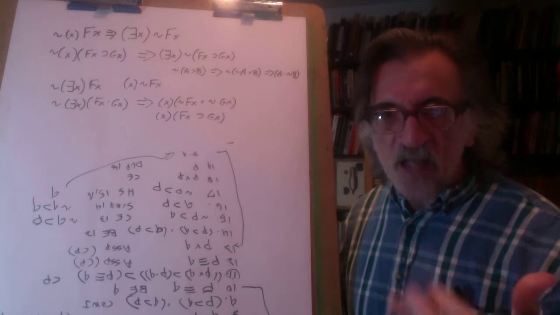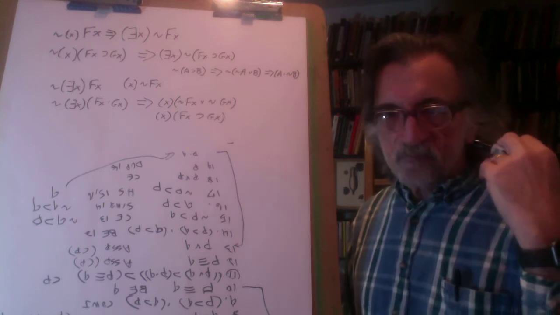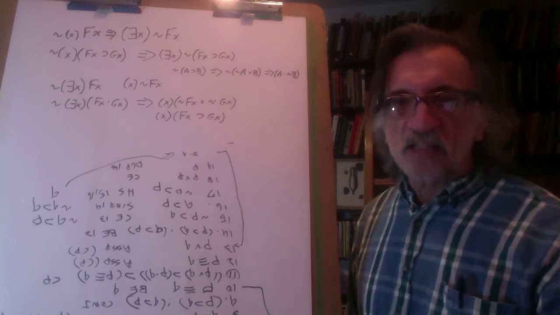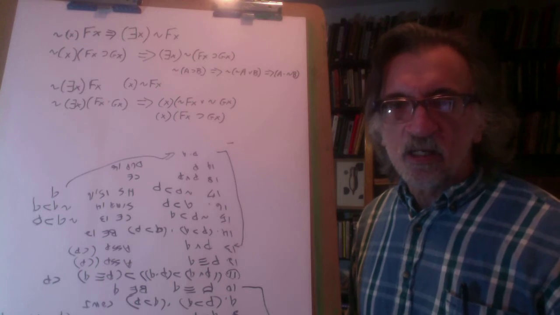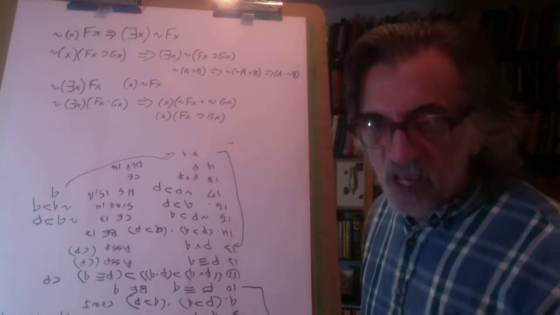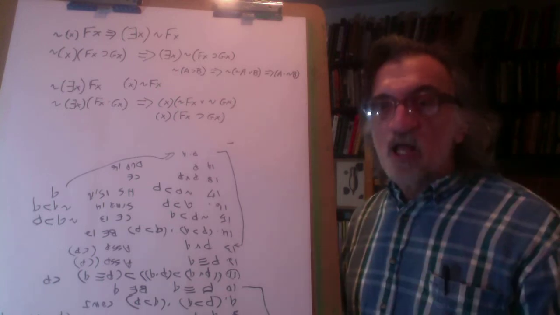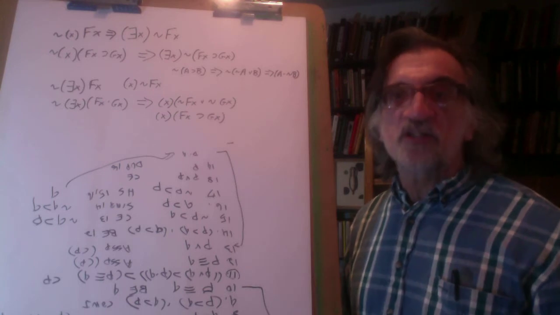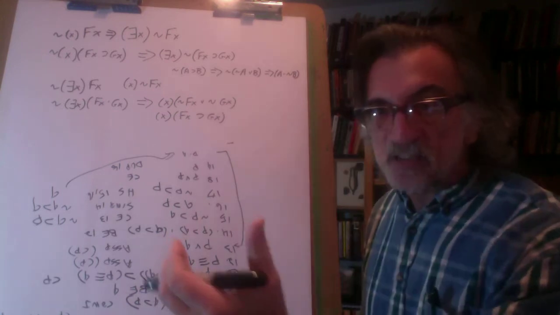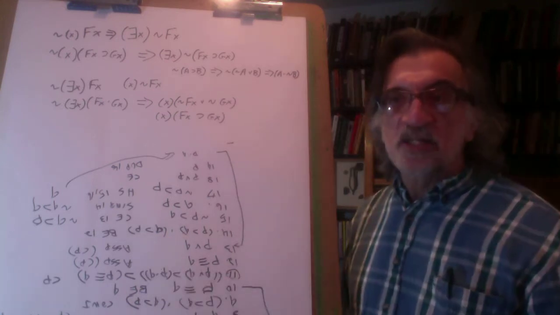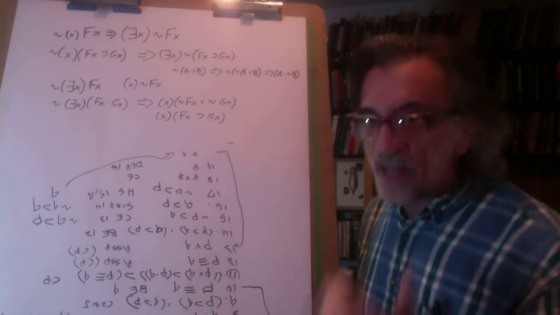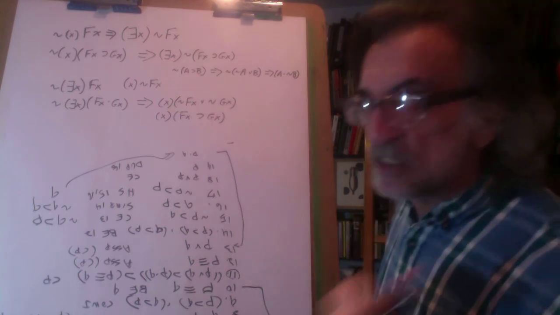If you say it's not true that if there's gas in the tank, then the car is running, you could have gas in the tank and the car doesn't run, right? You could have the antecedent and the negation of the consequent when a conditional statement is false.